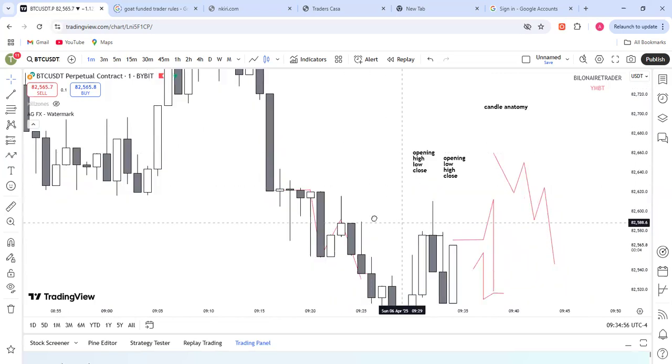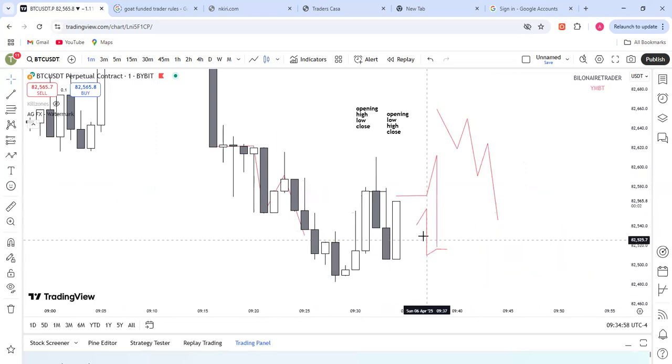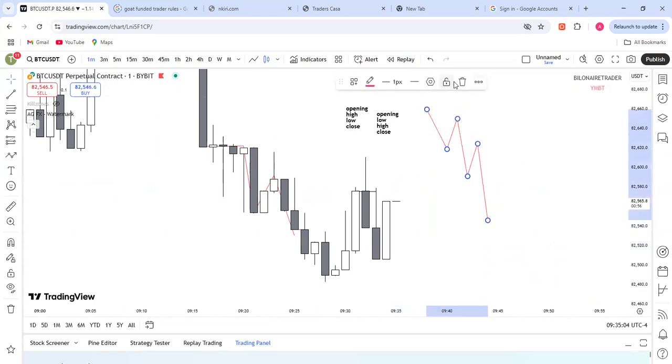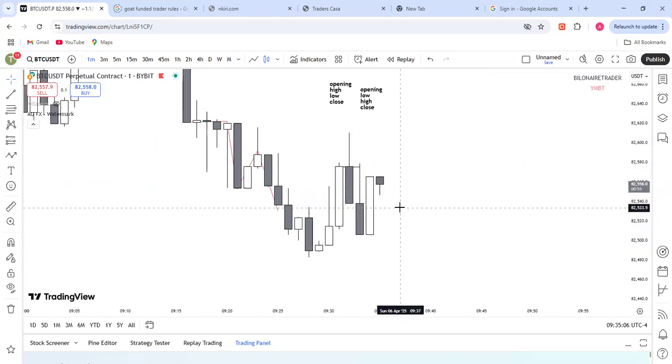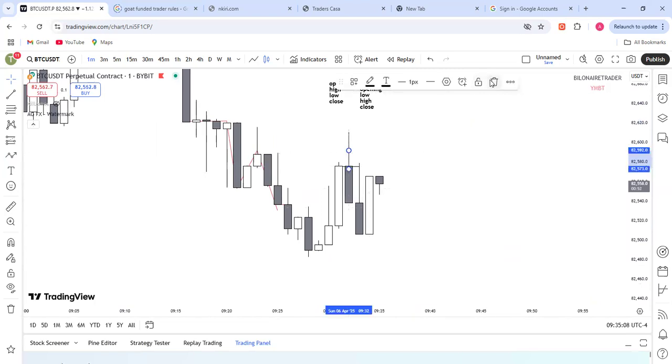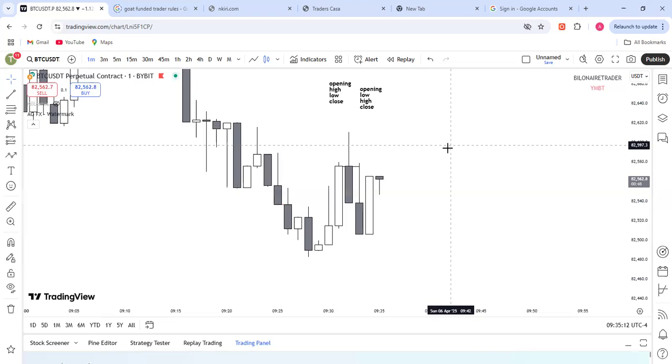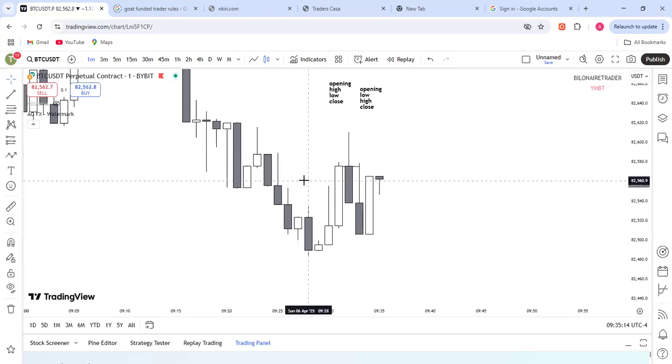So in understanding this, it's also important to understand this candle anatomy. Why? Because it helps you to understand the behavior of the market at the moment and how to understand if we are bullish or we are bearish in the market. And if we are bullish or bearish in the market, how do we engage either on a buy or on a sell in the market?